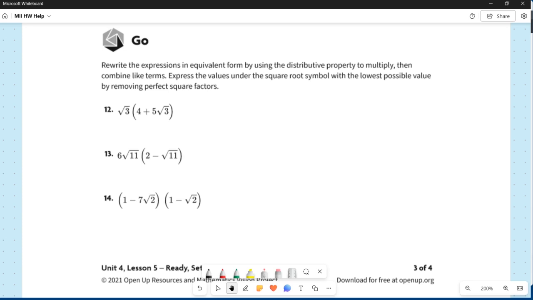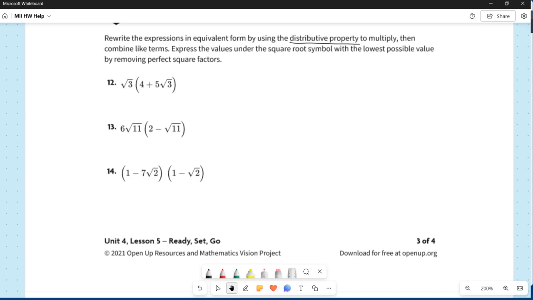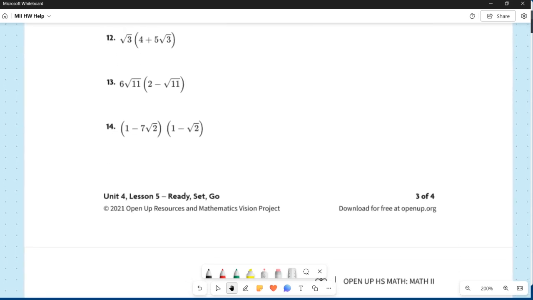Essentially, it says we're going to use the distributive property to distribute whatever is in front of the parentheses, using the distributive tactics that we've seen before, and then just simplify, just clean up whatever results from that. So the first assigned question was number 12.